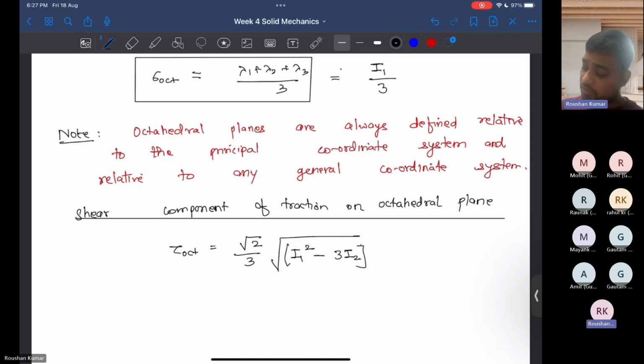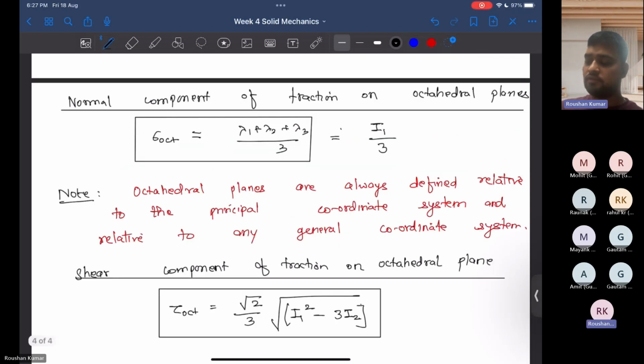So this is the octahedral shear component of traction on the octahedral plane. Using these two formulas, we can find the normal and shear components of traction on the octahedral plane.